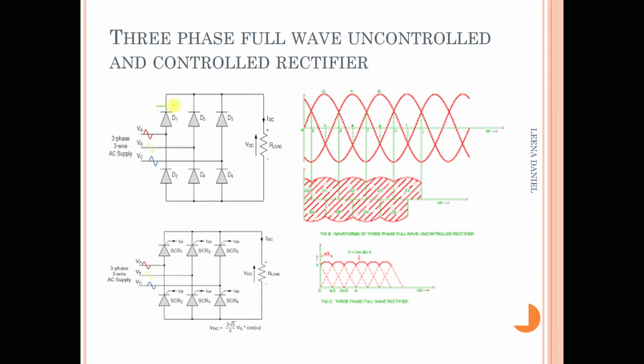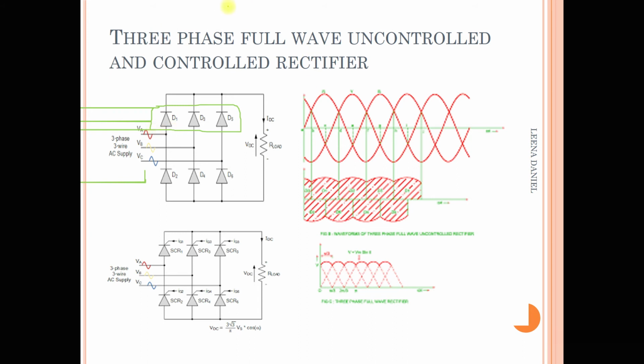So the upper element is called the positive group element and the lower element is called the negative group element, because the upper elements conduct for the positive half and the lower elements conduct for the negative half.